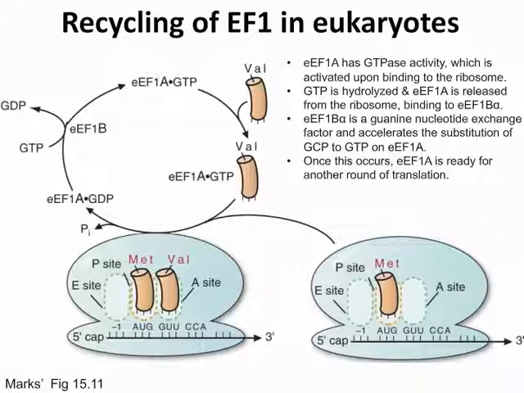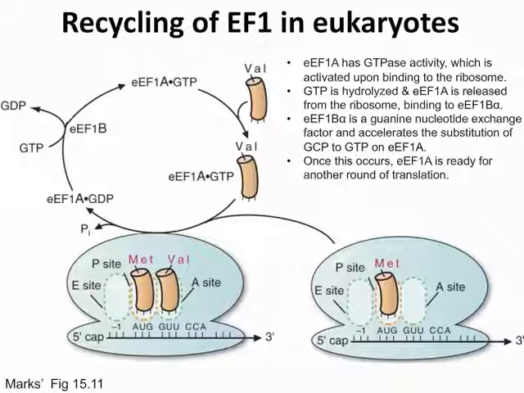So earlier we talked about elongation factor 1, how it has to bind to the amino acid before it can go into the A site. So our previous example was valyl-tRNA. Remember, before it can bind to the A site, it has to be bound to EEF1A, which also has GTPase activity. So once that complex is formed, it will bind into the A site, and your EEF1A is going to leave after GTP is hydrolyzed.